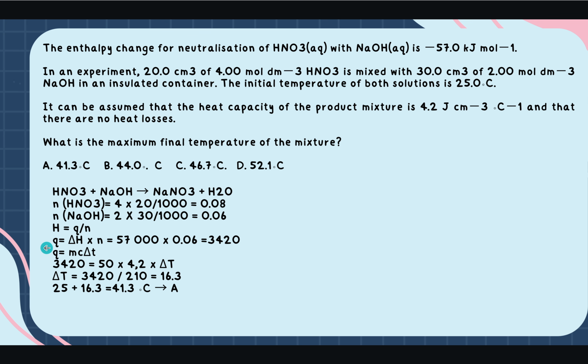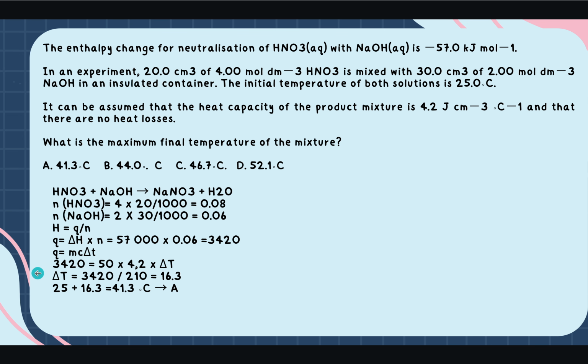Delta H equals Q divided by n, so Q is delta H times n. The delta H is 57,000, times 0.06 from here, which equals 3,420.